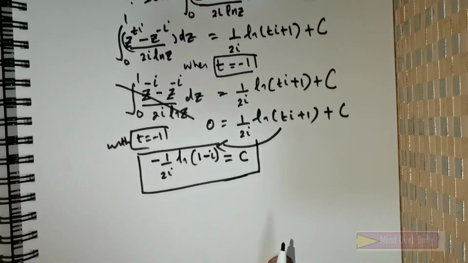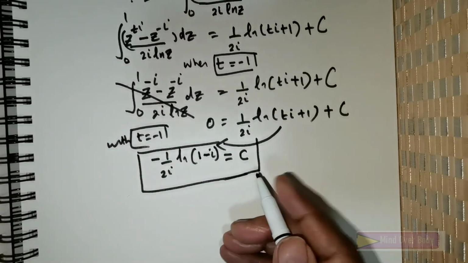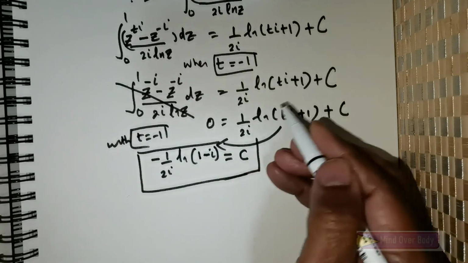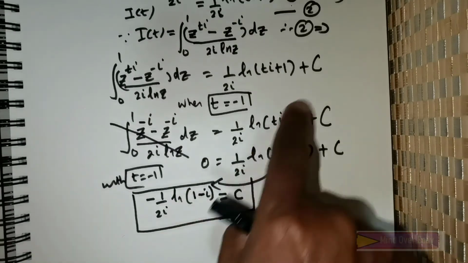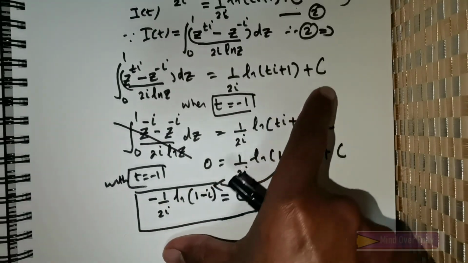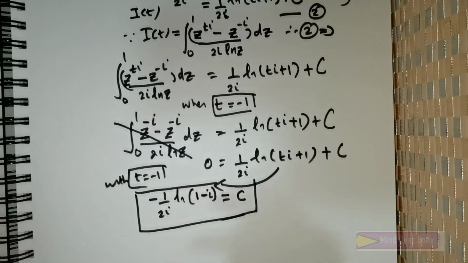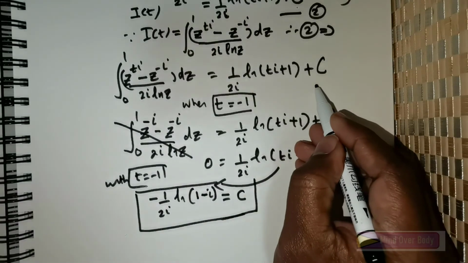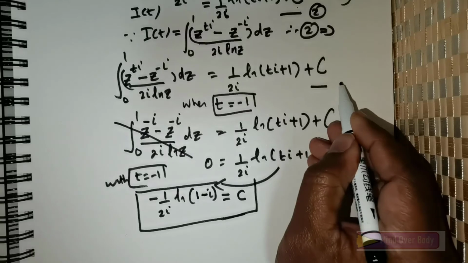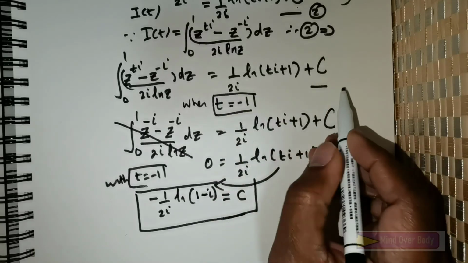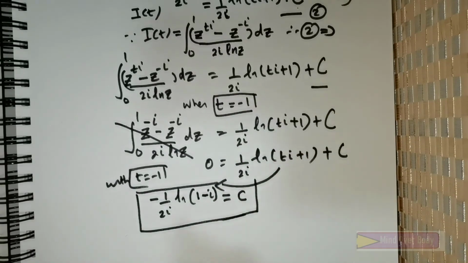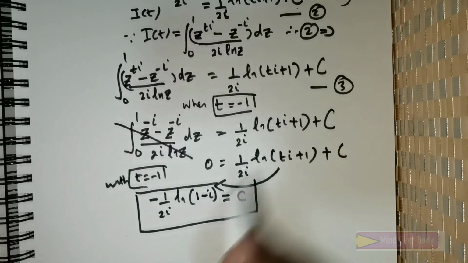So now we need to club everything together. How do we club everything together? All we need to do is take the value of c and substitute it in this system. Let me take this as equation 3.